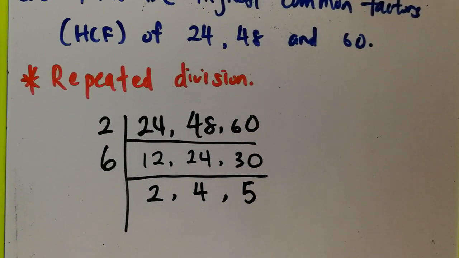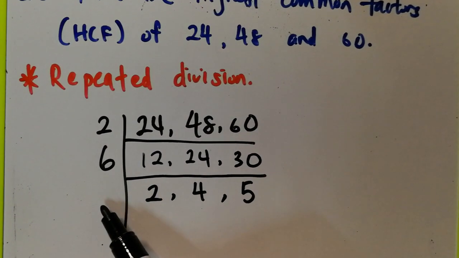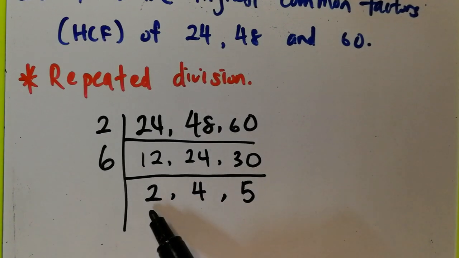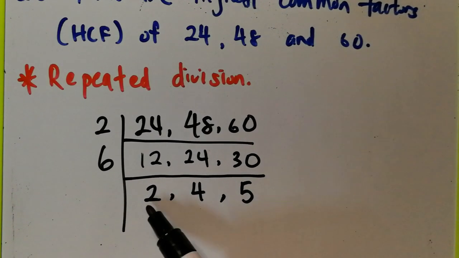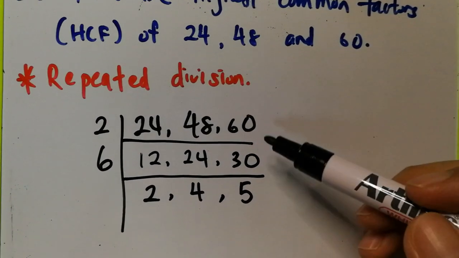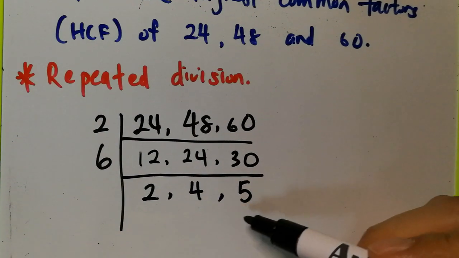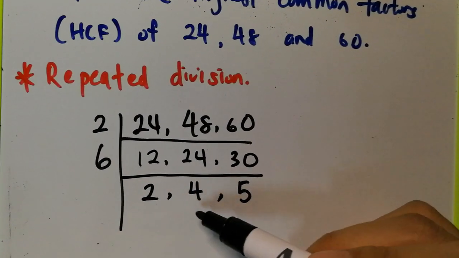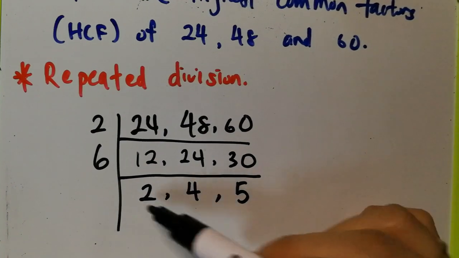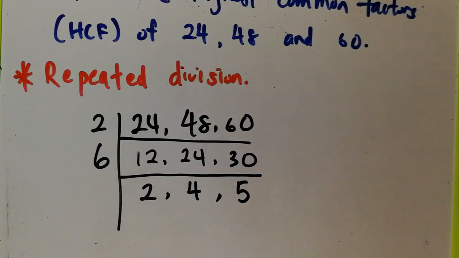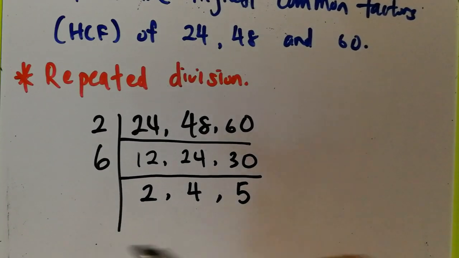Is there any number that I can use to divide 2, 4 and 5? I don't think so, because 2 and 5 are already prime numbers. You also can check for prime numbers: if some of them are already prime, which means no common divisor is left, you have to stop your division.